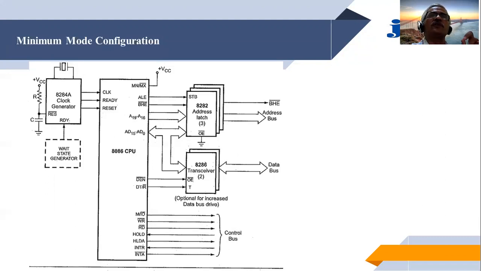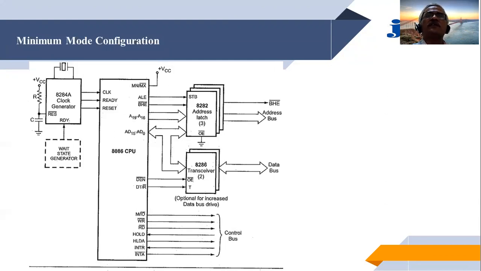Otherwise, as far as the configuration is concerned, the minimum mode configuration is visible on the screen in front of you, leaving aside the basic differences in the circuitry of the chip itself. As far as the address generation techniques and the interfacing techniques are concerned, they remain the same as with its predecessors.